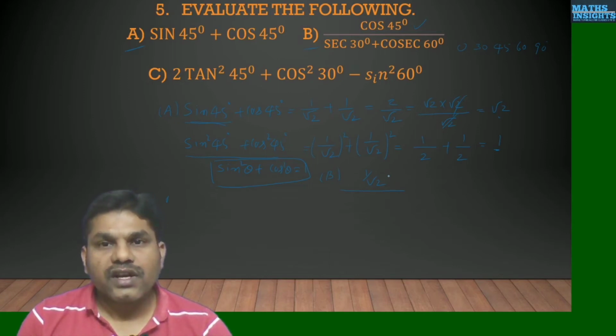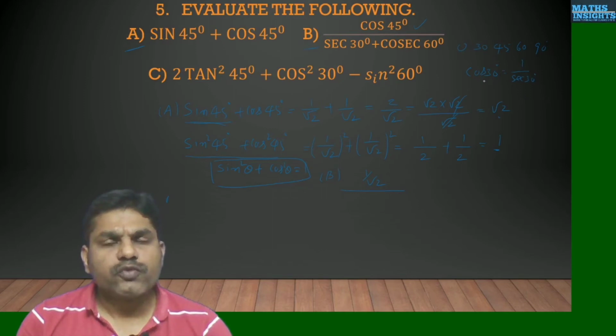Cos is the reciprocal, so cos 30 is equal to 1 by secant 30.